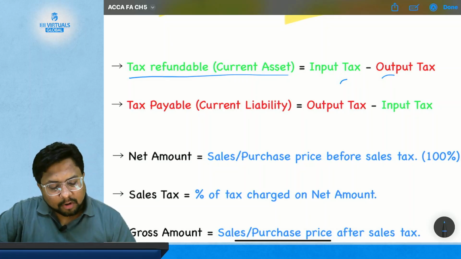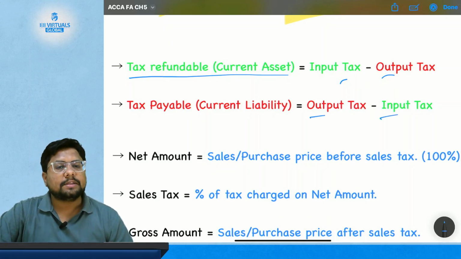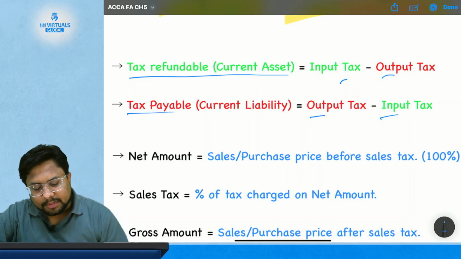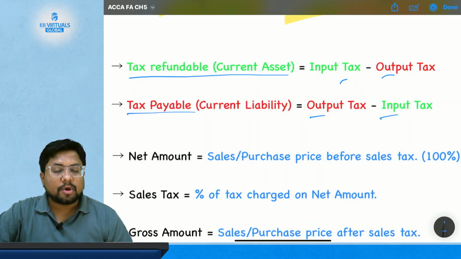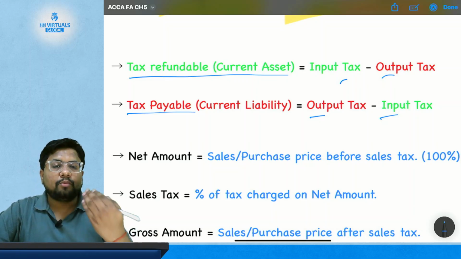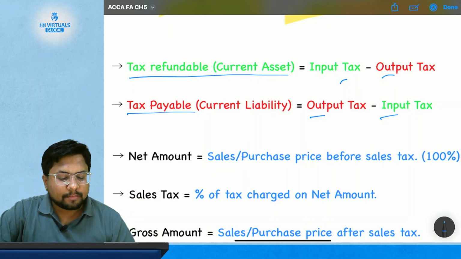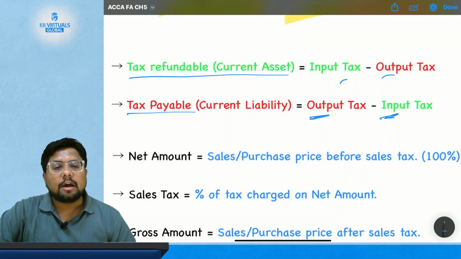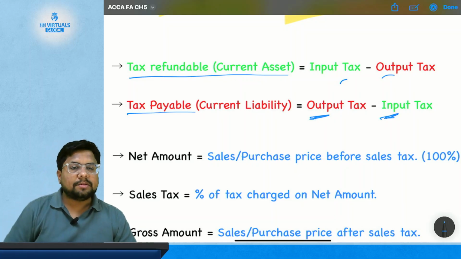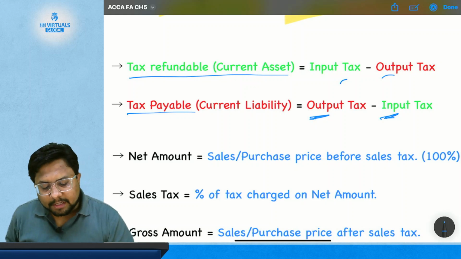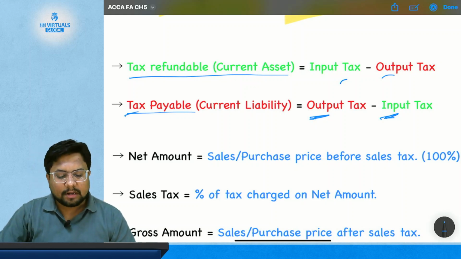Whereas if the output tax is more than the input tax, the differential amount is the tax payable, which is your liability, because now you have to pay the remaining amount, that is output tax minus input tax, to the government as the net tax liability. Hence it is your tax payable, which is a current liability.